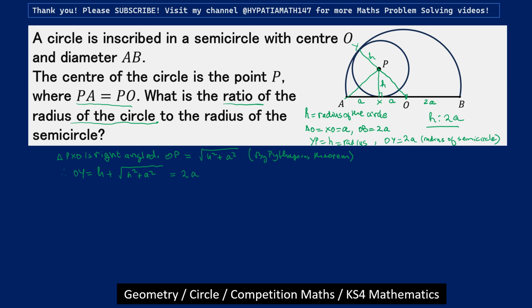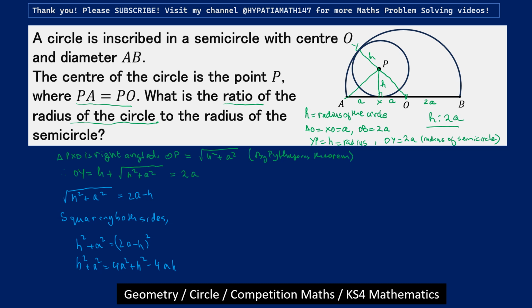Now if we bring the square root to one side, we can write square root of h square plus a square equals 2a minus h, and then squaring both sides, we get h square plus a square equals 2a minus h whole square, which I can write as h square plus a square equals 4a square plus h square minus 4ah.